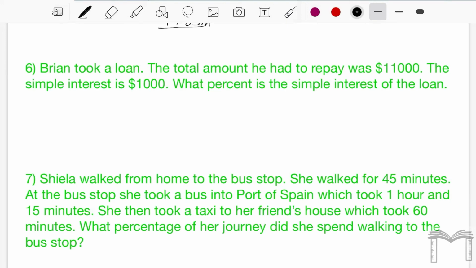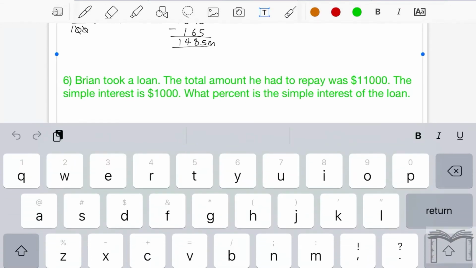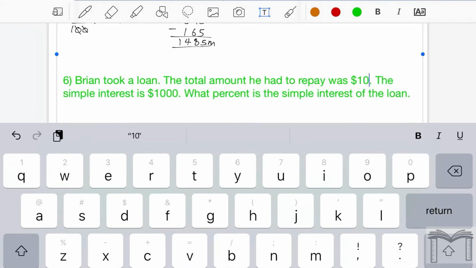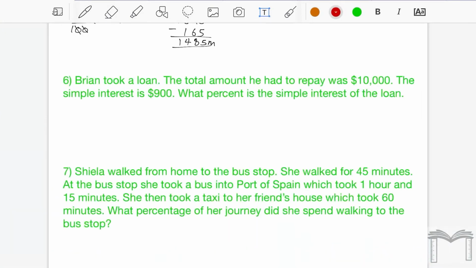Okay, so I forgot to change the numbers in this, so I'll do so quickly. Brian took a loan. The total amount he had to repay was $10,000.